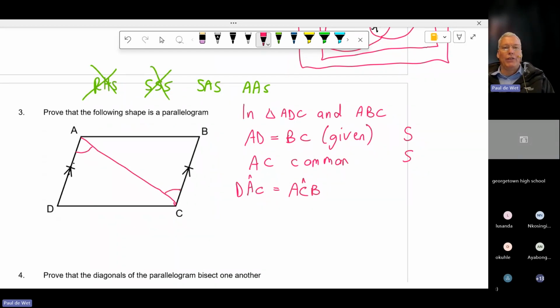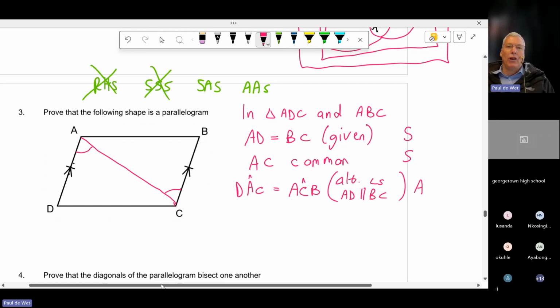Why are these two angles equal, guys? I need a reason. Well done. They are alternate angles. I must say that the lines are parallel: AD is parallel to BC. And what have I got there? I've got an angle.